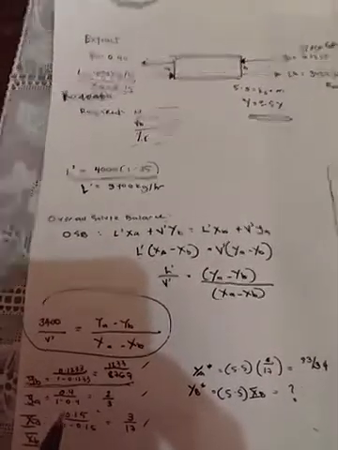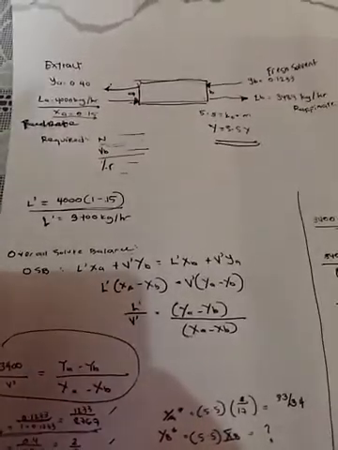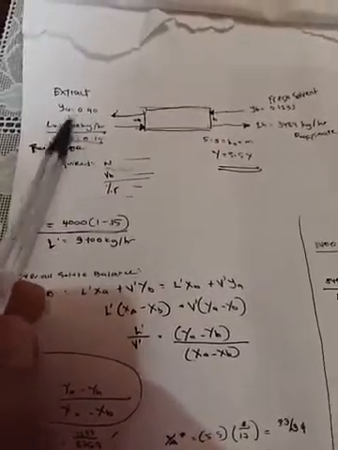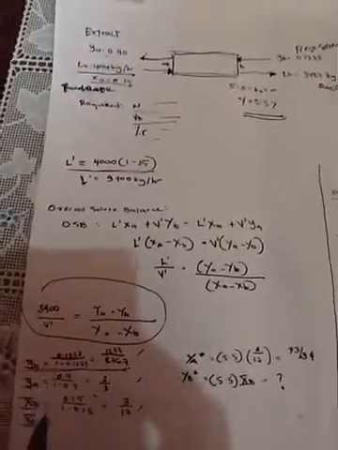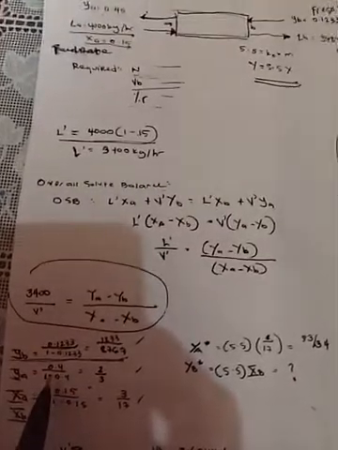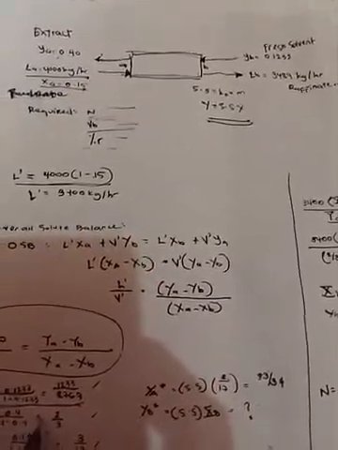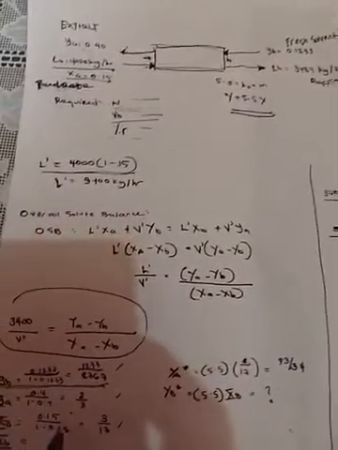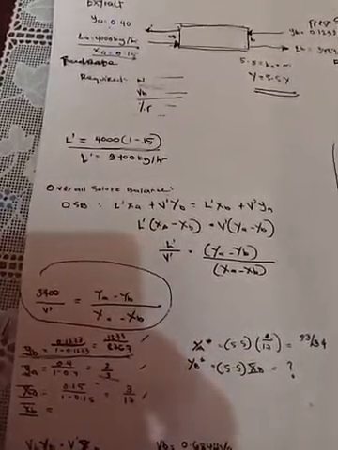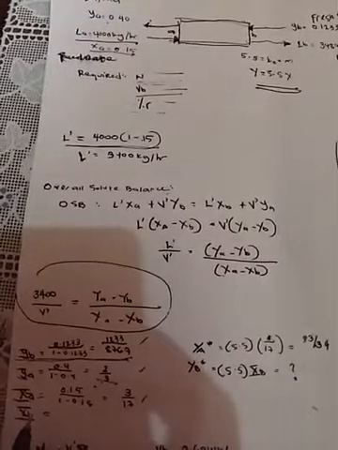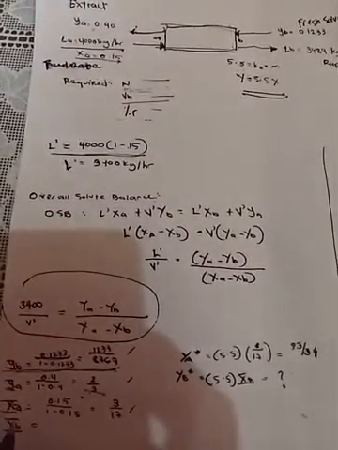Next would be YA. We are given the concentration of the extract, which is 0.4. So it is computed by 0.4 over 1 minus 0.4, which is 2/3. Next we compute XA.